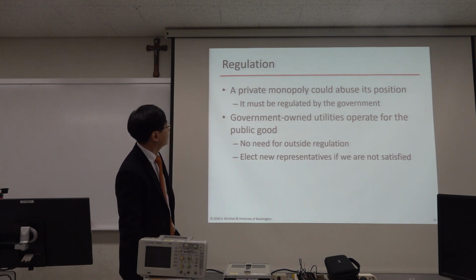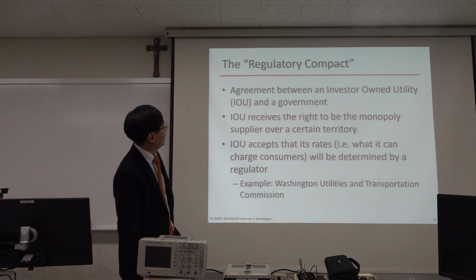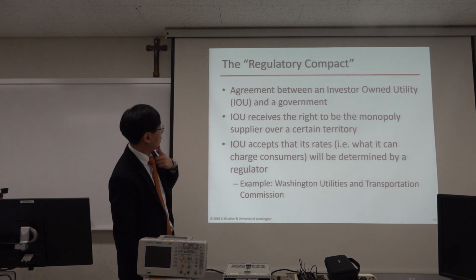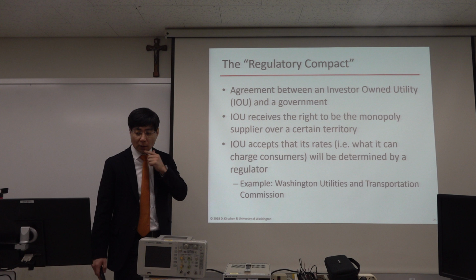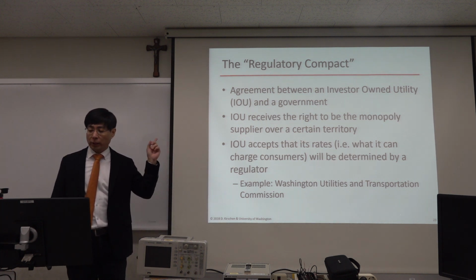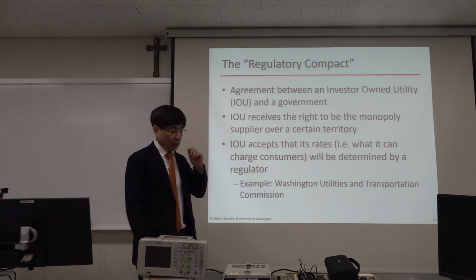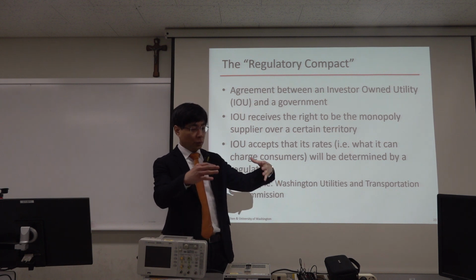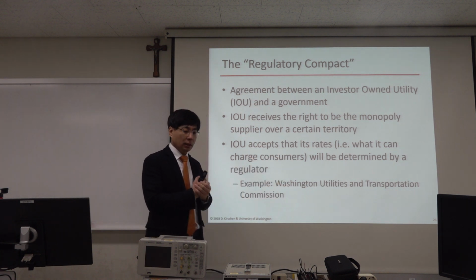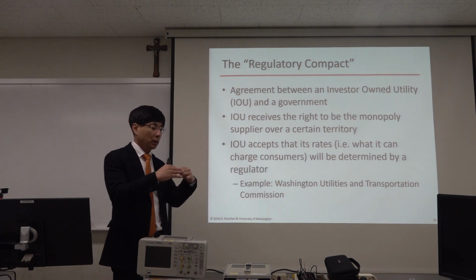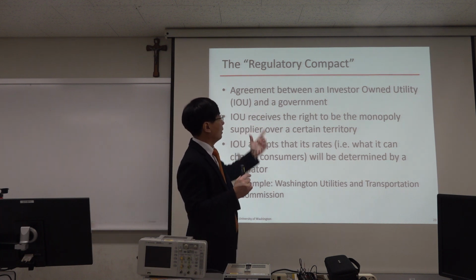And yeah, so I think we talked about regulatory compact last time. And in Korea, this is called 규제 협정. So what it says is, okay, the government needs to regulate, but it should be based on some contract or compact.